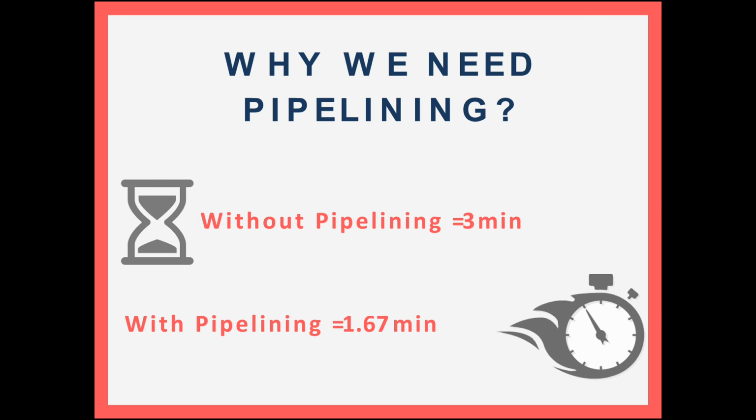Our teacher once gave us a very simple and useful example to understand the concept of pipelining. Let me clear the concept with that example. In a car manufacturing plant, if a car is being made in steps, for example in the first assembly the workers install the body kit, then in another assembly the engine is installed, and in this way other components are installed in their individual units, it will take more time to complete a car.